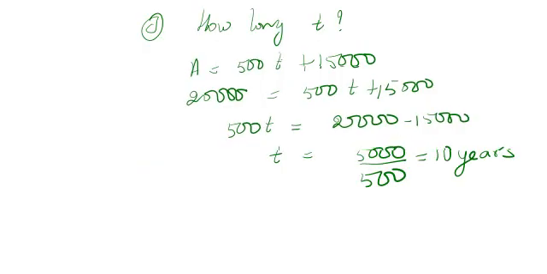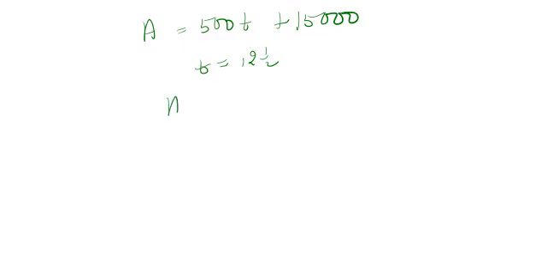So basically what it is saying is, what is A after I have my T being 12 and a half years? So this is my equation. So I just sub in for my T, and I'll get 500 times 12 and a half. 12 and a half is 25 by 2. So 500 times 25 by 2 plus 15,000.